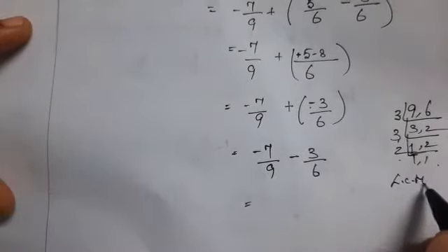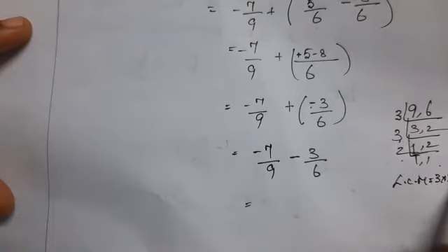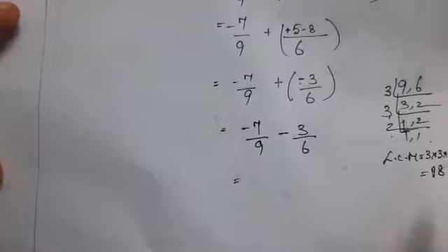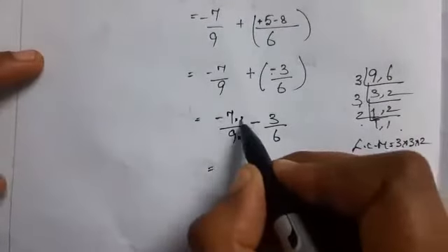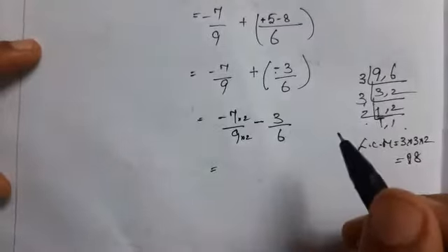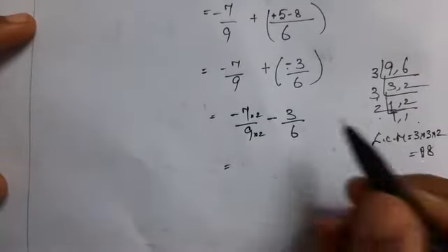3 3s are 9, 9 2s are 18. 9 into 2 is 18. 6 into 3 is 18.